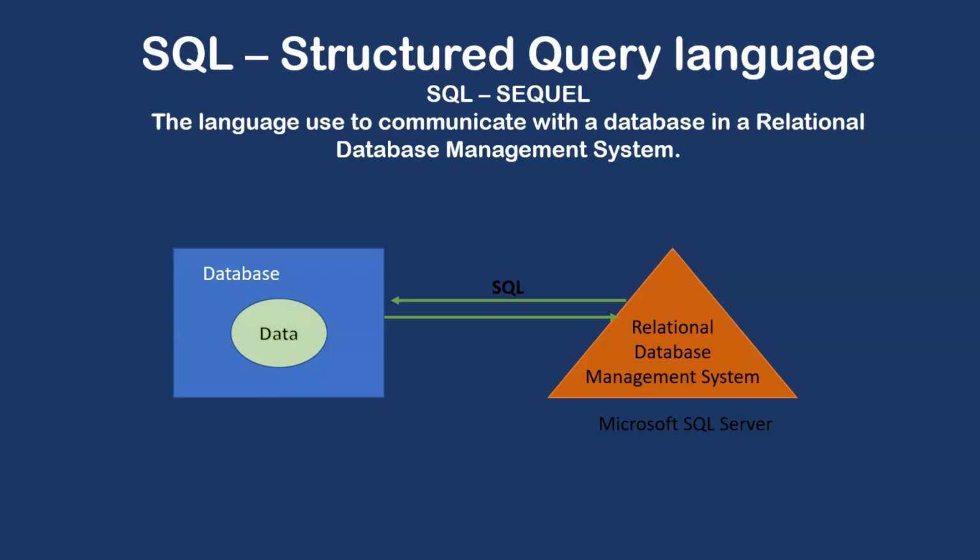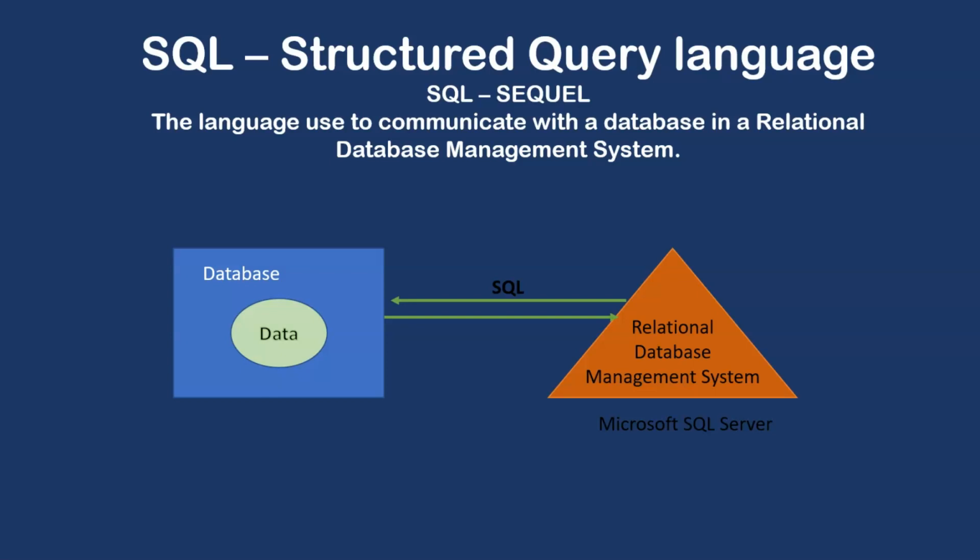Now, in order for us to communicate with our database, SQL is the language that is used to do that communication. So SQL is that bridge between our database and the database management system. I should say relational database management system, because like I said, there are other types of database management systems that are not relational.